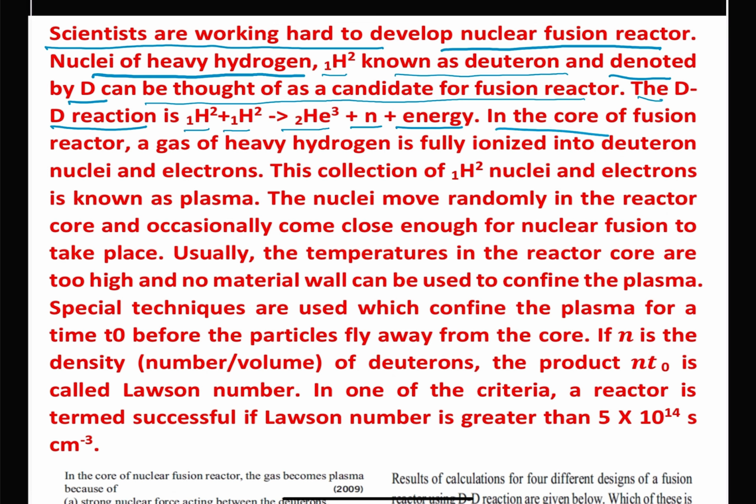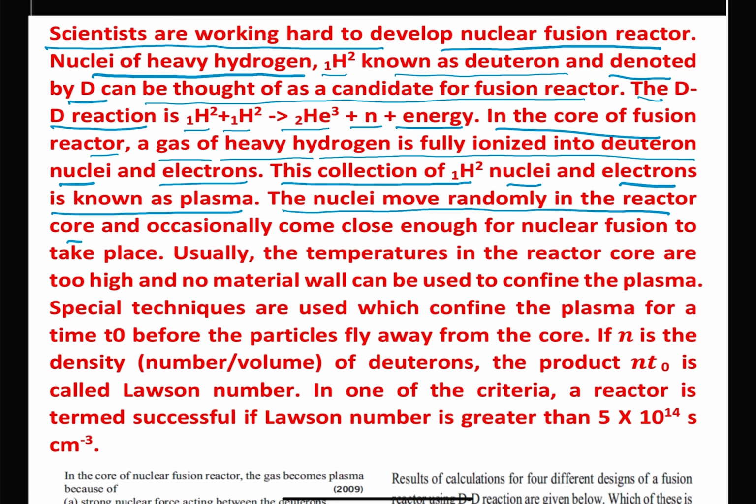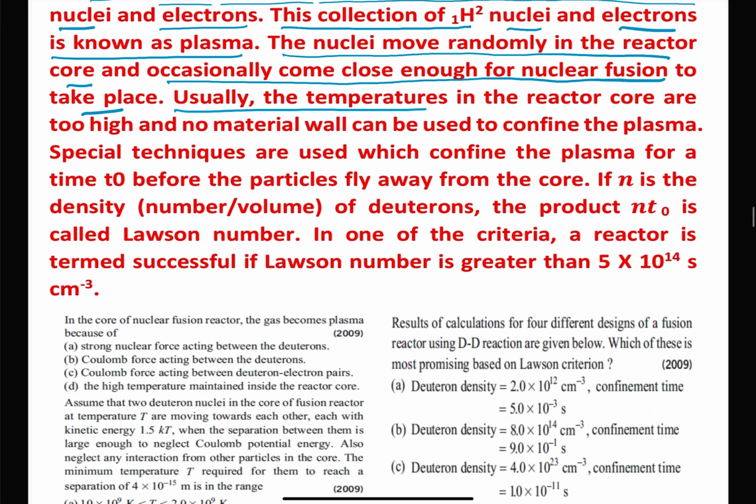In the core of the fusion reactor, a gas of heavy hydrogen is fully ionized into deuteron nuclei and electrons. This collection of 1H2 nuclei and electrons is known as plasma. The nuclei move randomly in the reactor core and occasionally come close enough for nuclear fusion to take place. Usually, the temperatures in the reactor core are too high and no material wall can be used to confine the plasma.